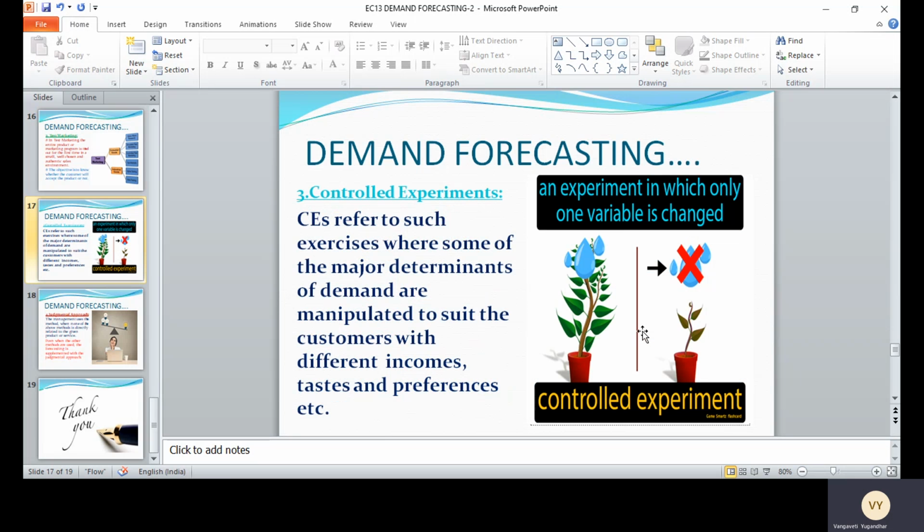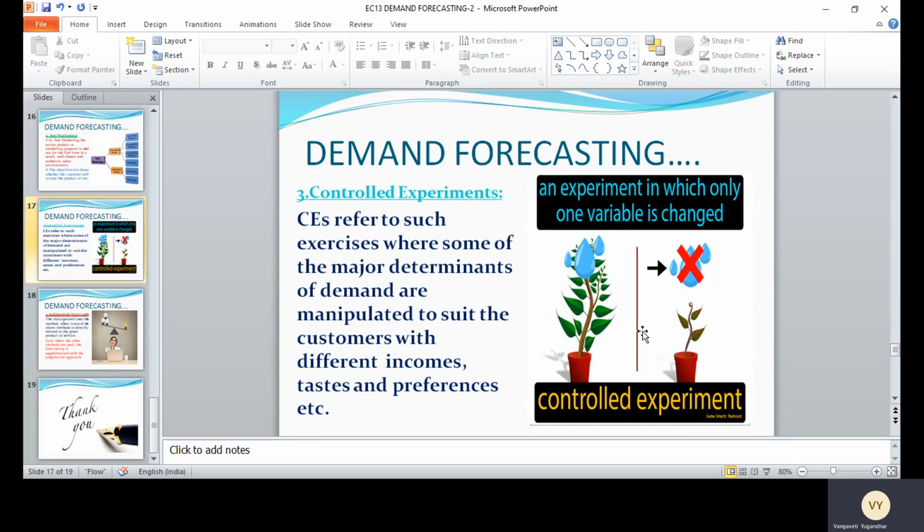Next one is the controlled experiment. What is controlled? Generally, like in labs. Here, the experiment is nothing but the society. So what are they controlling? This method refers to exercises where some of the major determinants of demand are manipulated. What are the major determinants? Like prices. They vary the prices.